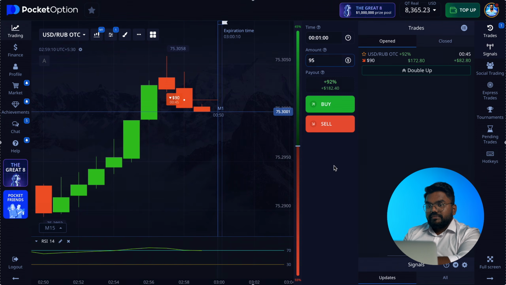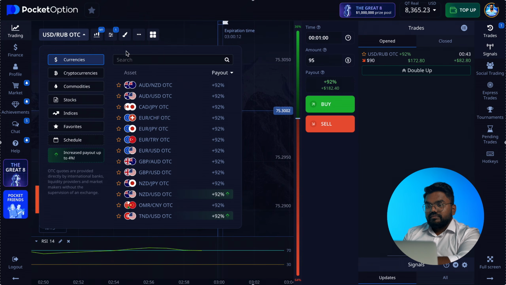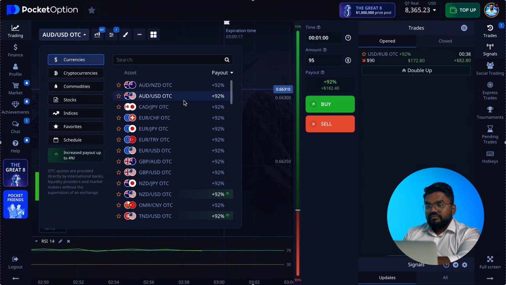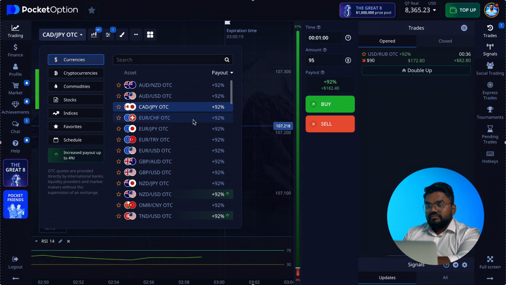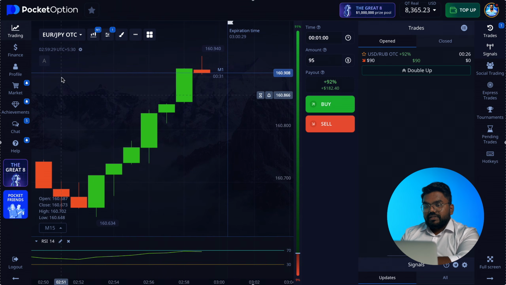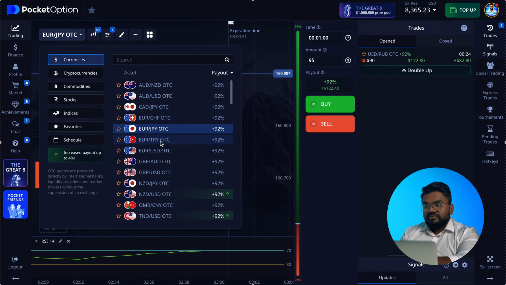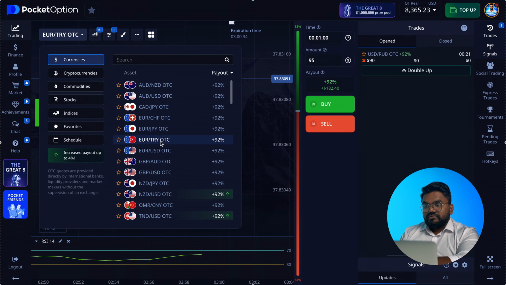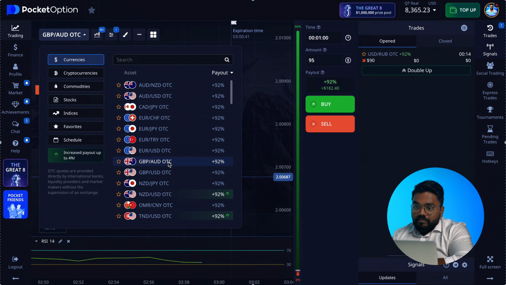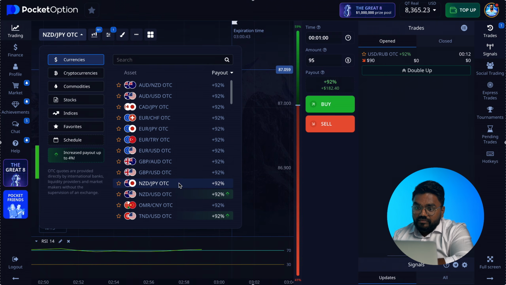We can actually change the currency pair. It's near 70, but no, that's not good. So let's swap the currency. Okay, this is near, but it's still not a good option. Okay, better. We can look for others.